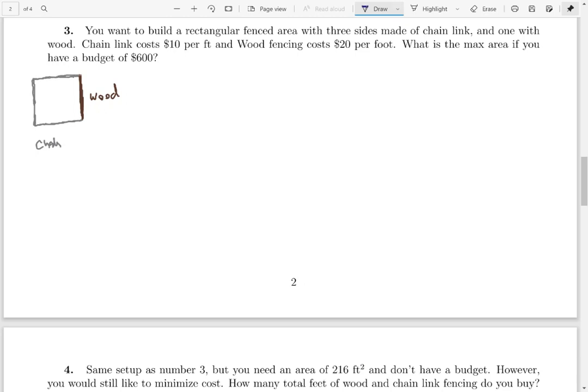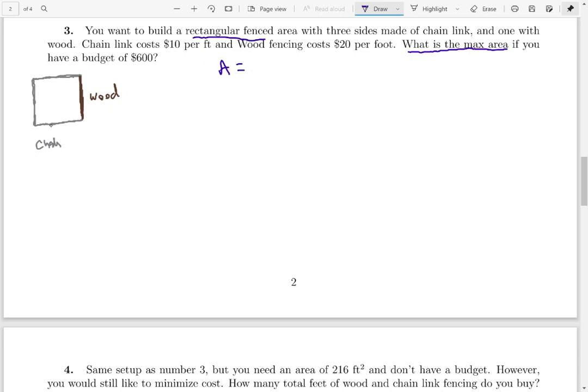Now at this point, I want to figure out what question I'm being asked. The question is, what is the max area based on a budget? So for maximum area, I have an area equation. This is a rectangular fence, so again it's going to be length times width.